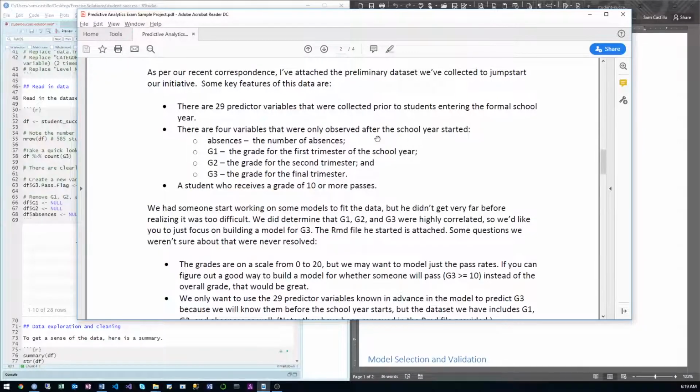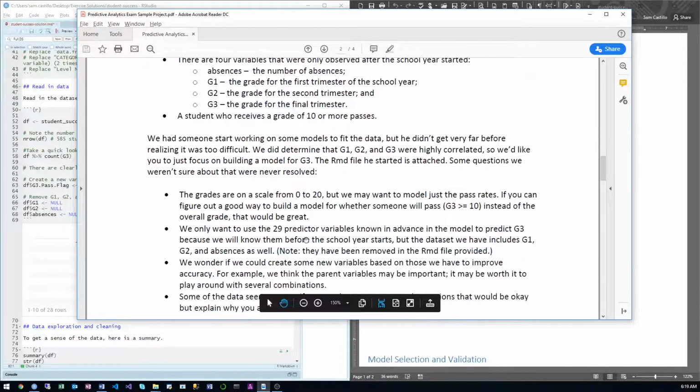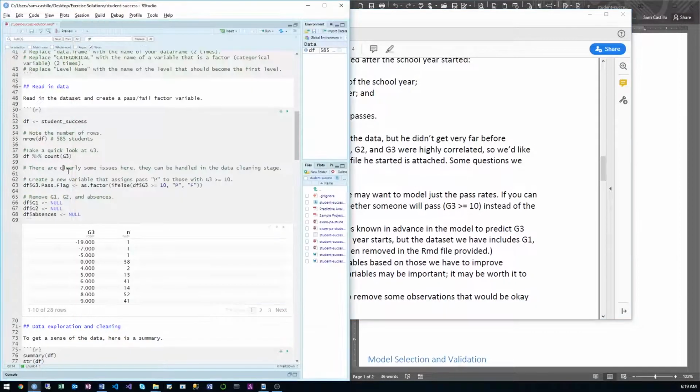There are 4 variables observed, okay? The grades are on a scale of 0 to 20, but we may want to model just the pass rates. If you can figure out a way to build a model for whether someone will pass instead of the overall grade. So there are 3 students that have a grade of less than 0.